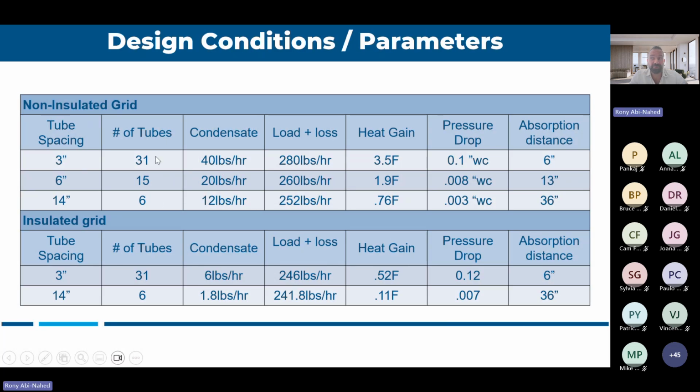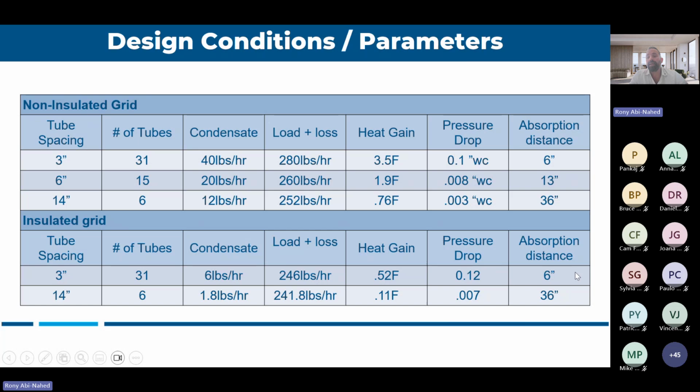So imagine as a first cost how much more it's costing you for the unit, because now I'm adding way more extra material on it. And by adding 31 tubes inside your airstream, instead of condensing 12 pounds per hour, you will be condensing 40 pounds per hour. And you'll be adding 3.5 Fahrenheit heat gain, which is a monster energy loss to get the 6 inches. But sometimes in real life, you really have 6 inches. You're not exaggerating. That's what you need.